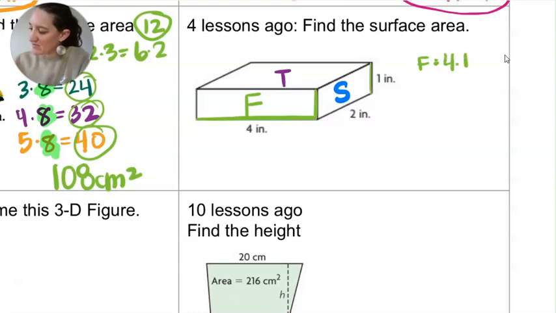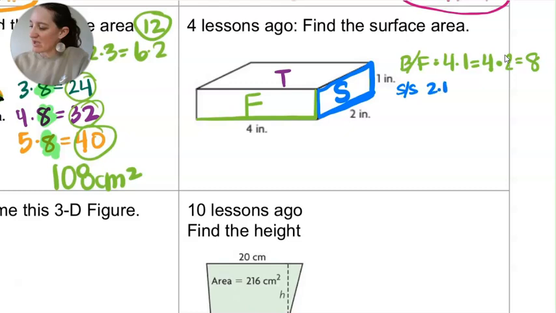So 4 times 1 is 4. You can remember that there are 2 of them because the front and the back. So I get 8. The sides right here are, that's 2, that's 1. So the sides are 2 times 1, which is 2, but there's 2 sides, aren't there? So we'll say that's 4.